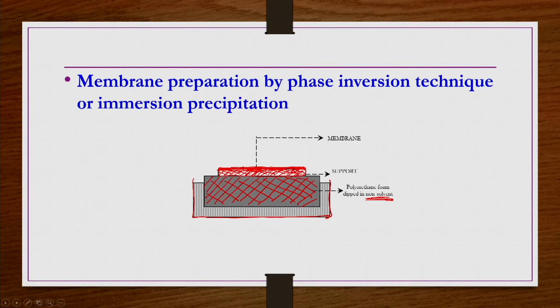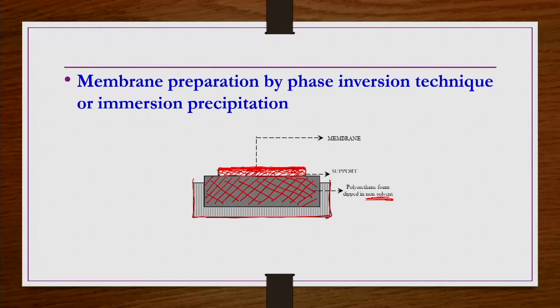That polymer solution will go inside the porous structure of the support, and the macroporous structure of the support across its length will be occupied by the polymer solution, and even the support will become non-porous. So, that is the reason this non-solvent is there.